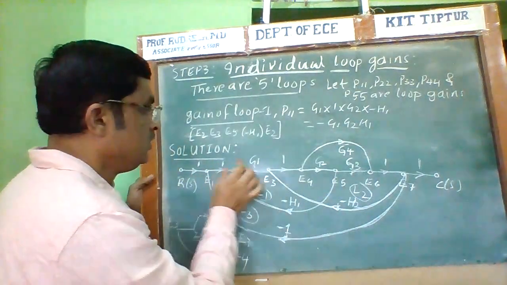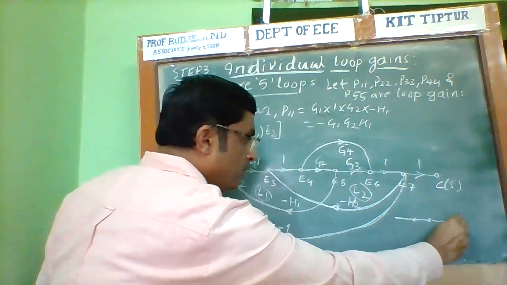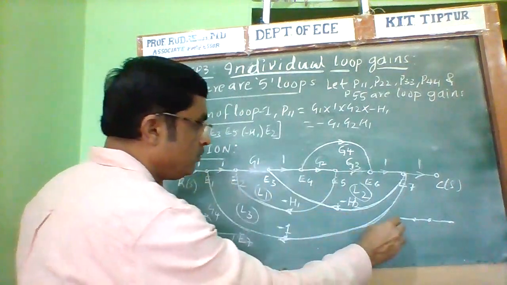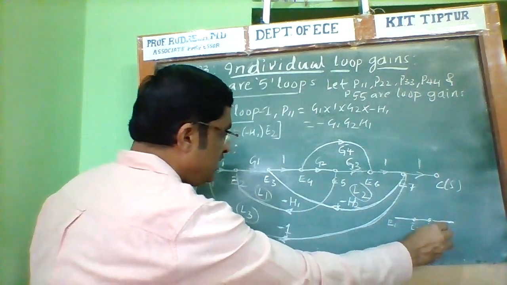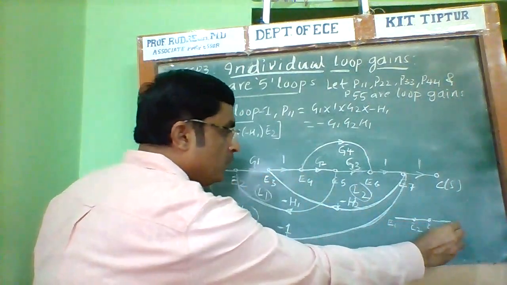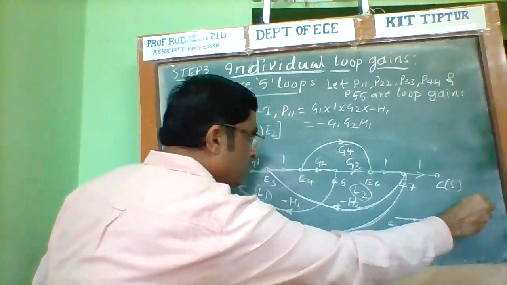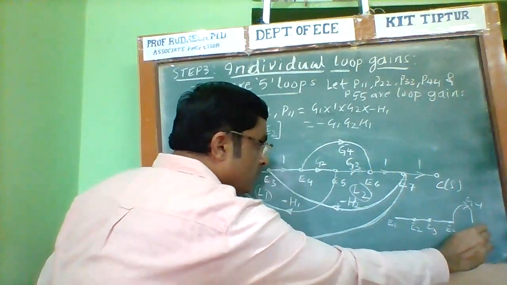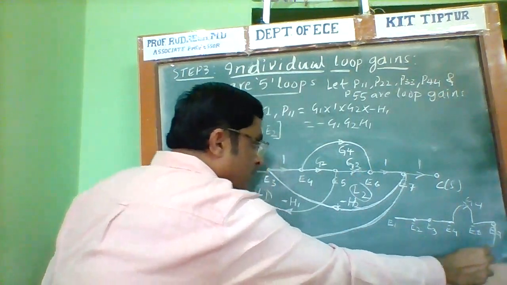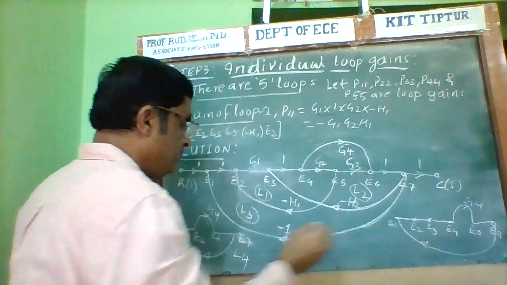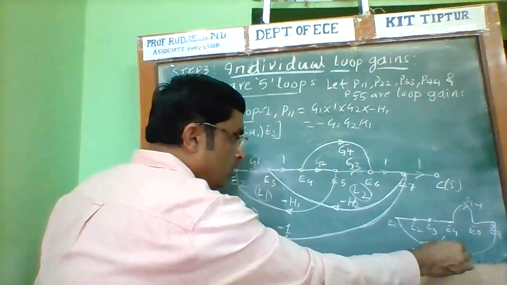It starts from the E1 node, goes to the E2 node, E3 node, E4 node, similarly via G4 comes to the E6 node and goes to the E7 node, and this is the path of loop 5.